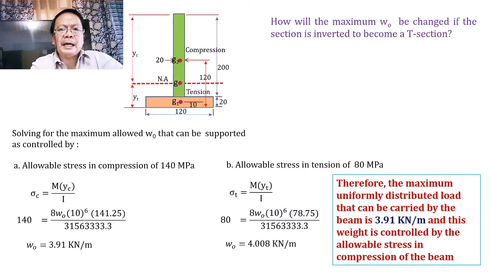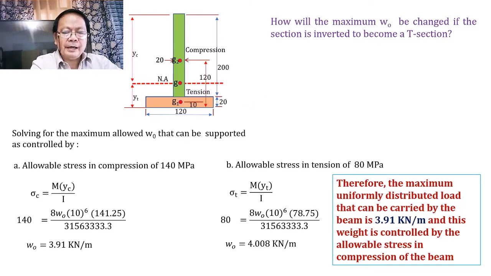What will happen? Remember, when we change the orientation of our section, its properties, like the location of the neutral axis, will not be changed. Its moment of inertia will not be changed also.